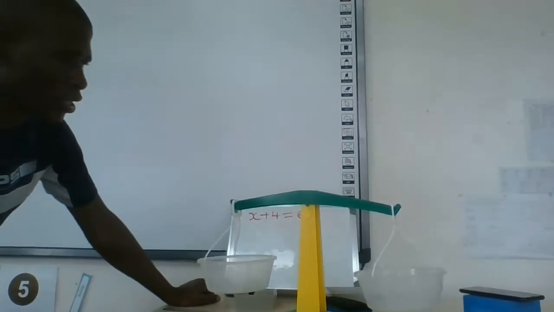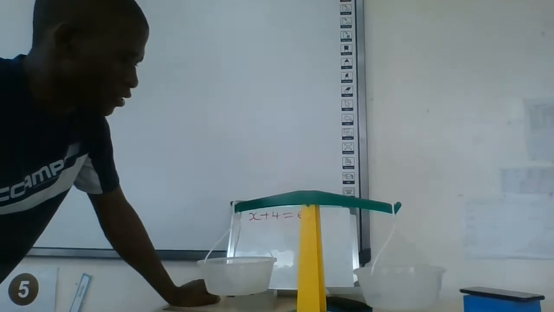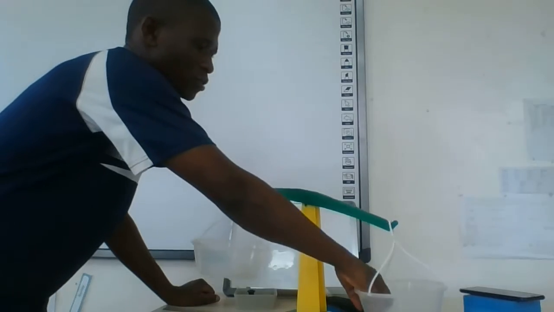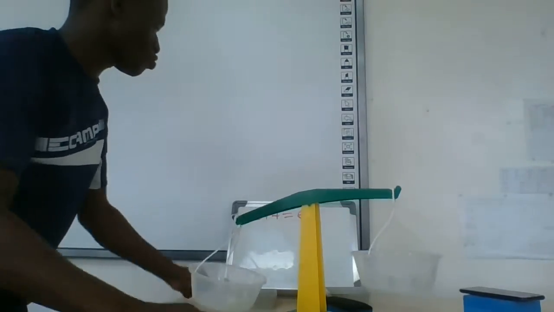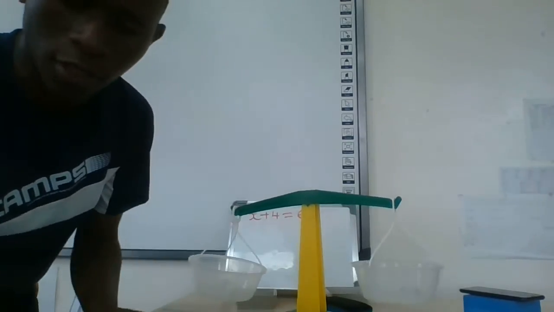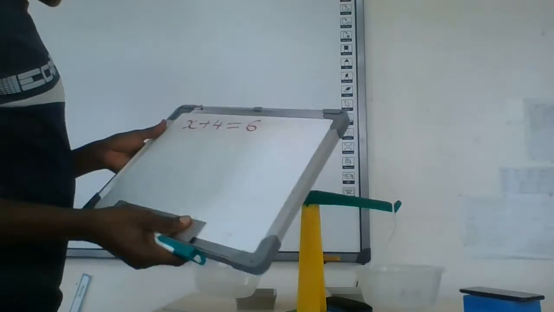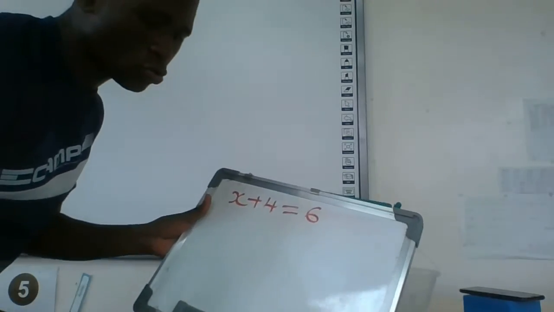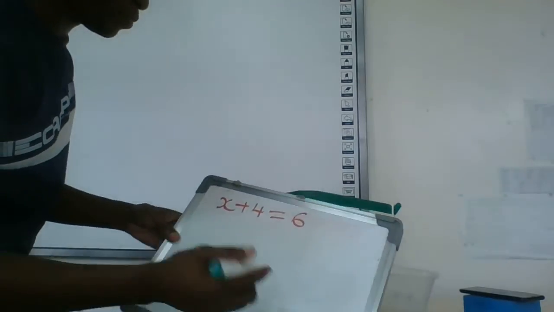So I check how many marbles balance with this object. I count 1, 2. So only 2 marbles balance with the object. So I can write my answer as x is equal to 2.